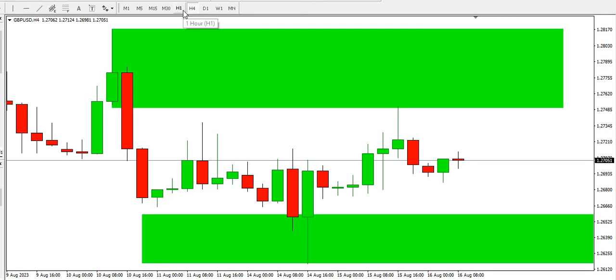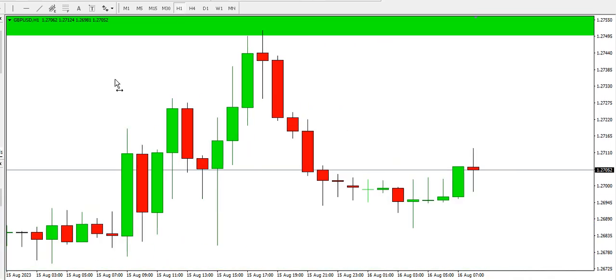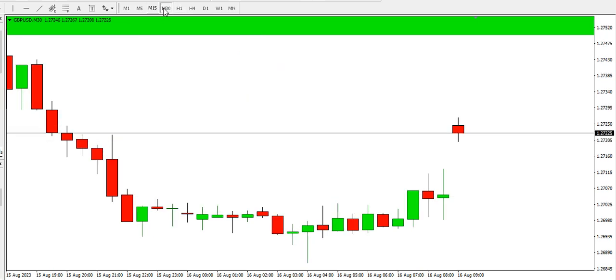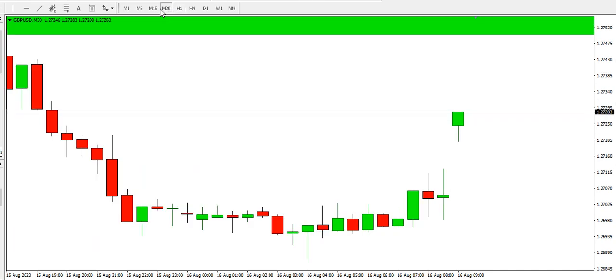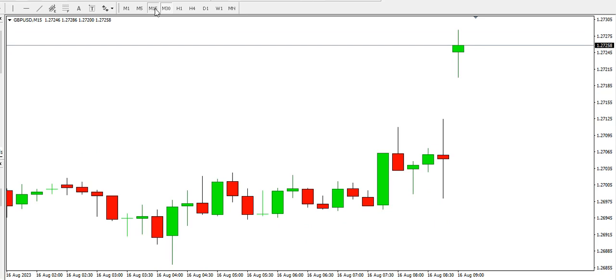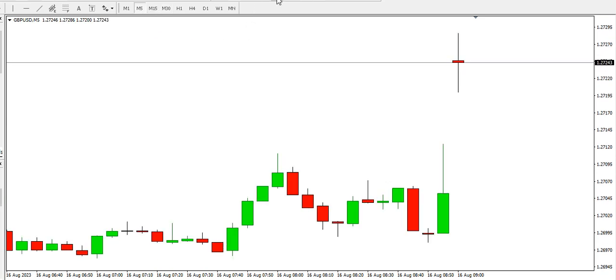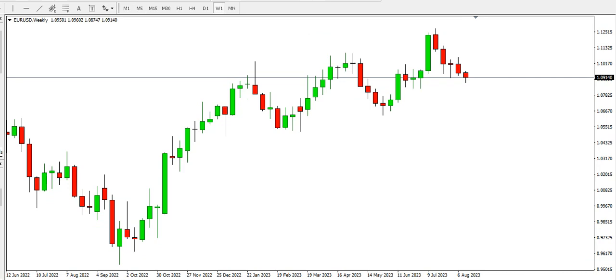Then on the 1-hour time frame, GBPUSD is also ranging. So no clear direction for now. On the 30 minutes, also ranging. 15 minutes ranging. Still ranging.